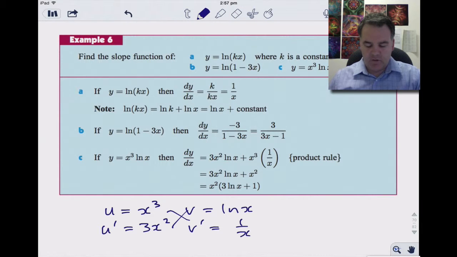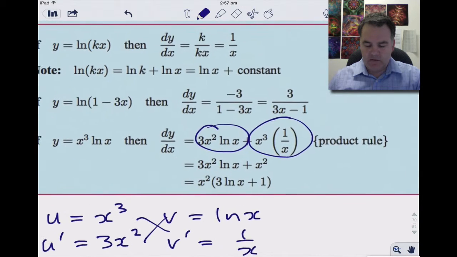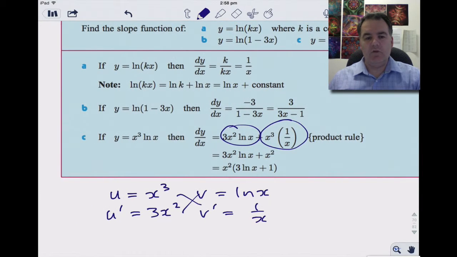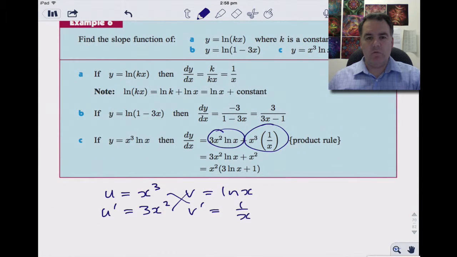So the derivative is going to be u dash v, 3x squared times ln x, plus v dash u, so 1 over x times x cubed. There we go. So it simplifies to 3x squared ln x plus x squared. We can factorise out the x squared, and we get that expression there for the derivative. So there's an example of using the product rule.